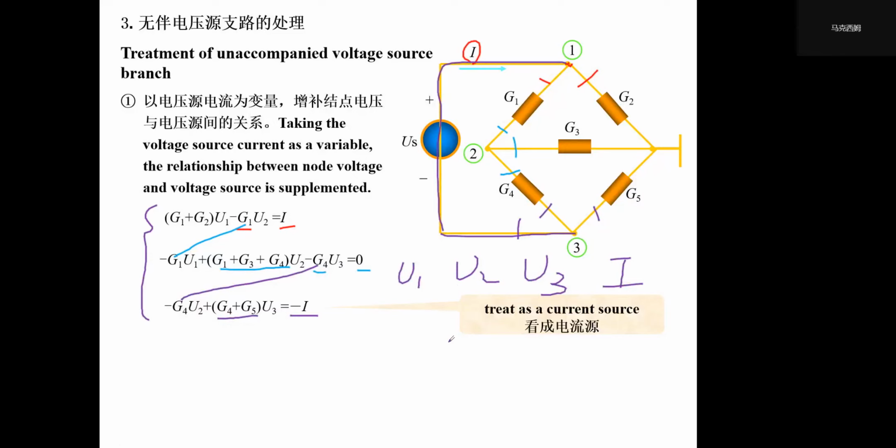So how do we solve this? Easy. We just transform this kind of resistor grid, and we solve the current in this US voltage source branch.